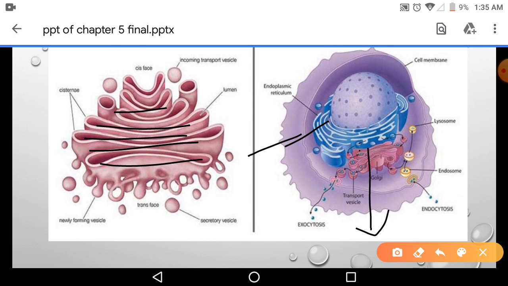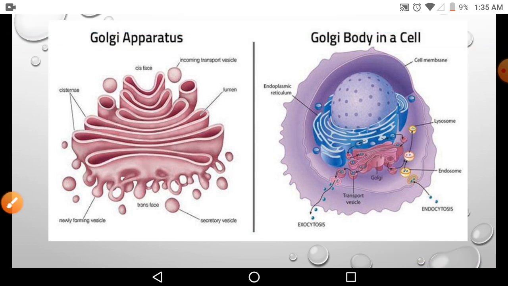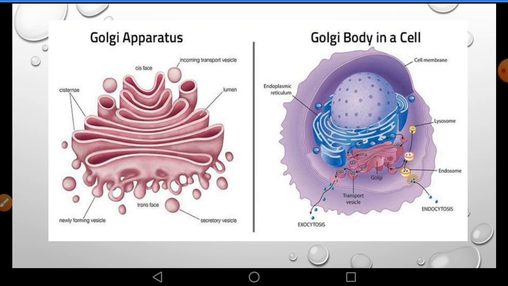The material synthesized near the endoplasmic reticulum, the lipids and proteins made in the endoplasmic reticulum, is packed and dispatched to various targets with the help of the Golgi body. So what is the function of the Golgi body? Packaging and dispatching to wherever the proteins are needed in the cell. Material is synthesized, packed and dispatched to various targets inside and outside the cell by the Golgi apparatus. Its functions include storage, modification, and packaging of products in vesicles.